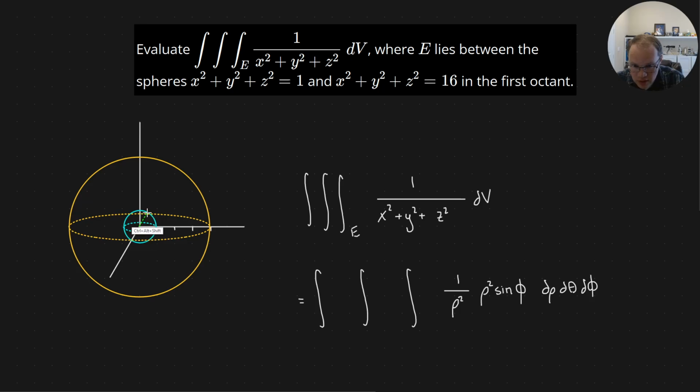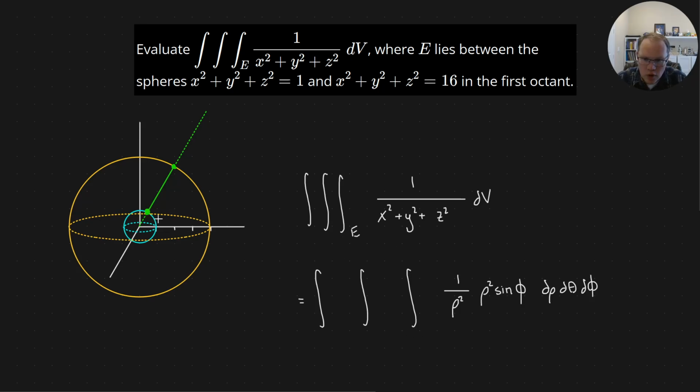We actually enter the volume when we hit the edge of this inner sphere. We want to count everything between the two spheres, and then we exit the volume when we hit the edge of the outer sphere. Okay? And that's going to be the same no matter where we draw that strand through the volume.